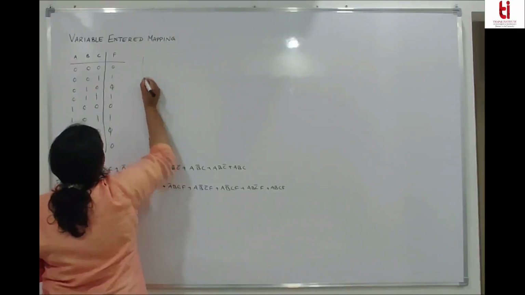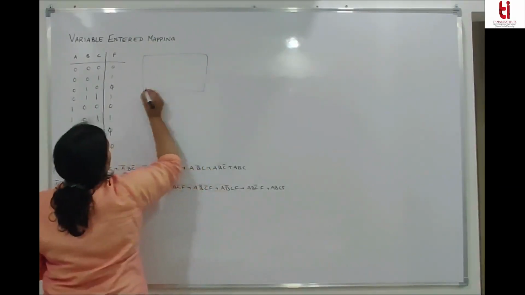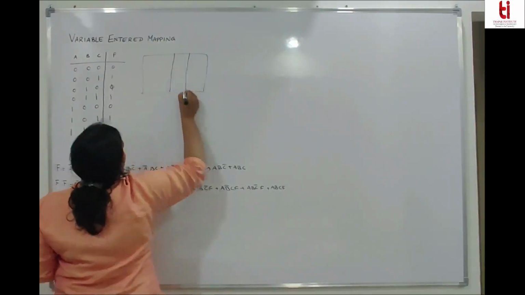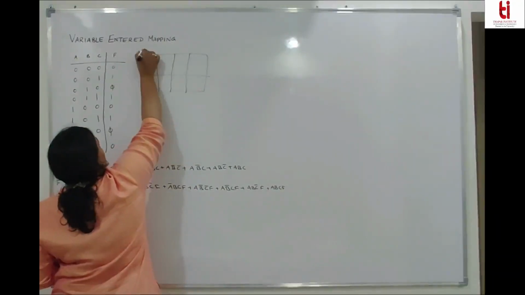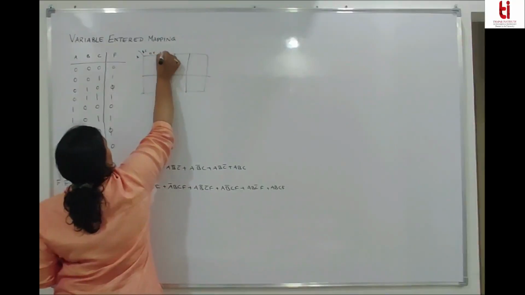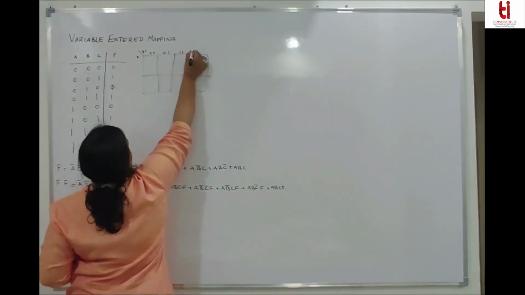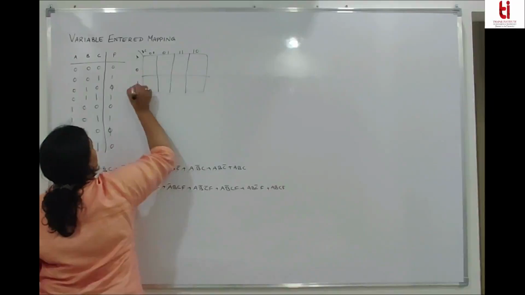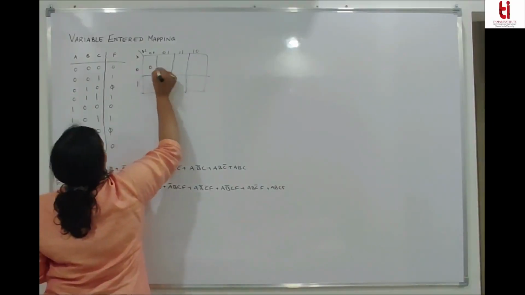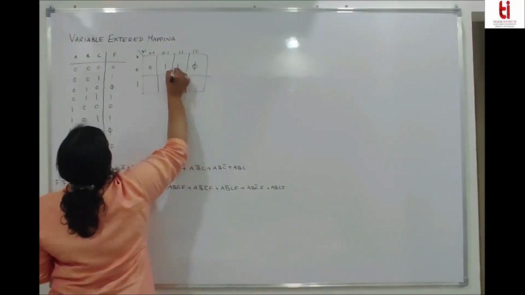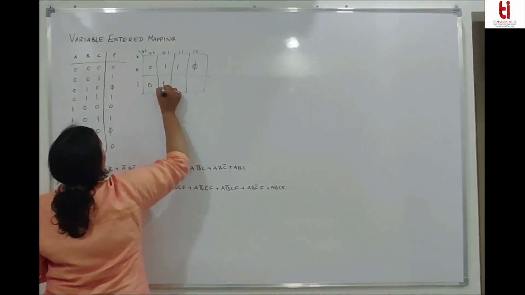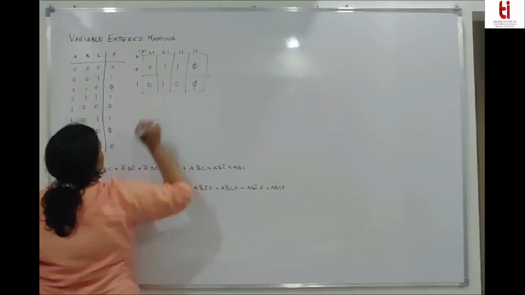If you plot a K-map for this, you'll have a 3 variable K-map. You label the K-map 0, 1, 5, 1, 0, 1, 5. This is how you plot it.